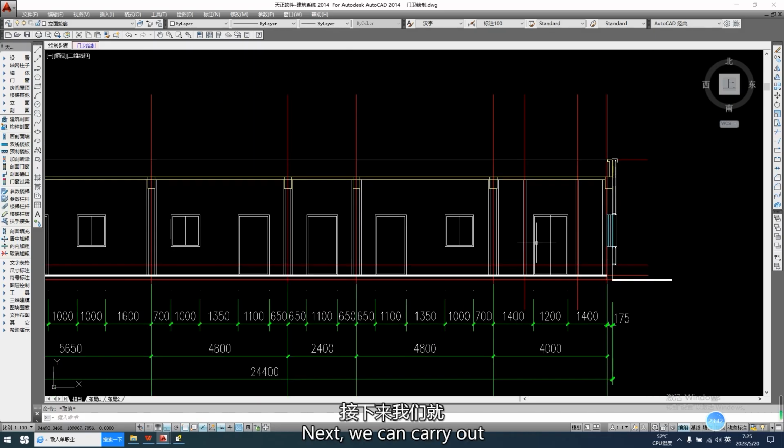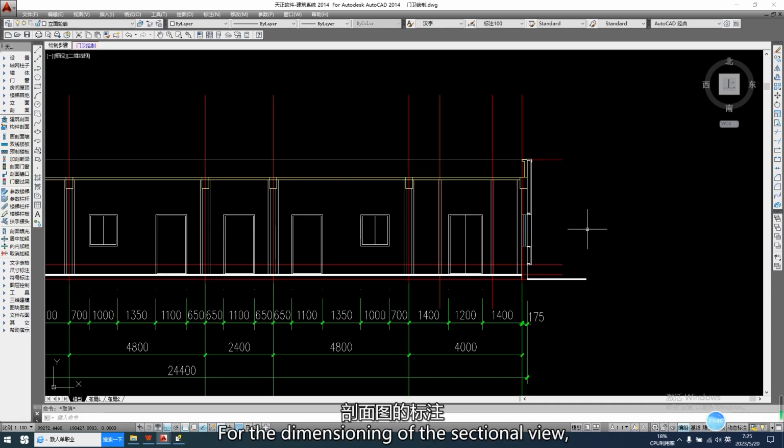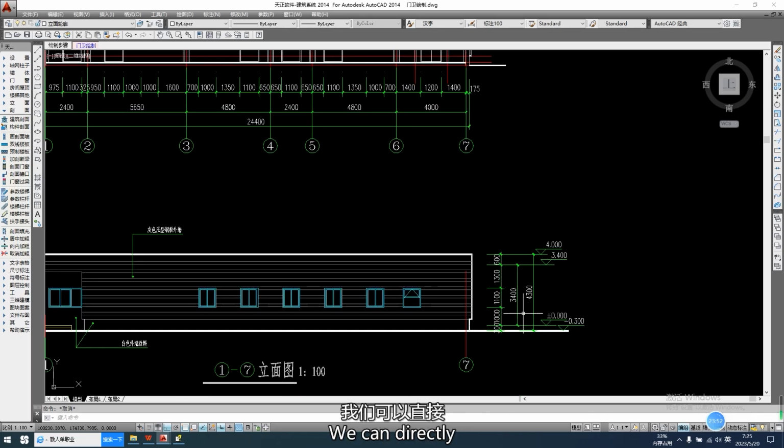Next, we can carry out the dimensioning. For the dimensioning of the sectional view, there are also 3 sets of dimensions in the vertical direction. We can directly copy the dimensioning of the elevation view.